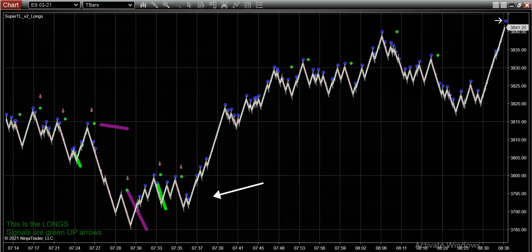Because on a higher time frame chart, yes, the moves are going to be pretty significant, and you're going to be able to catch some monstrosity moves. But the catch with that method is you also face larger stops, right? Whereas on a smaller time frame chart, automatically you know that the stops are going to be smaller. Okay? That's just a fact.